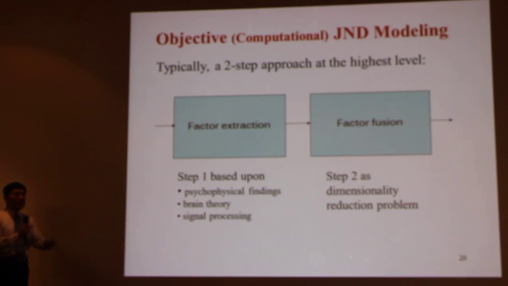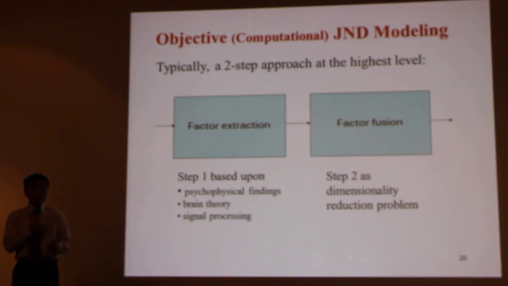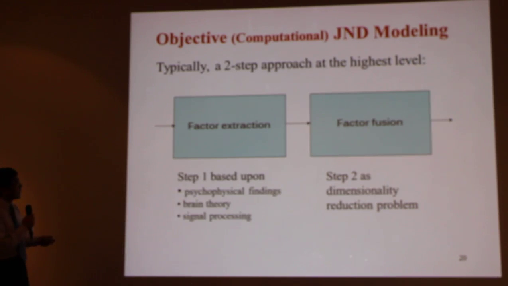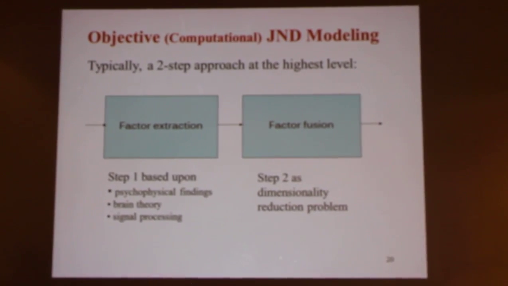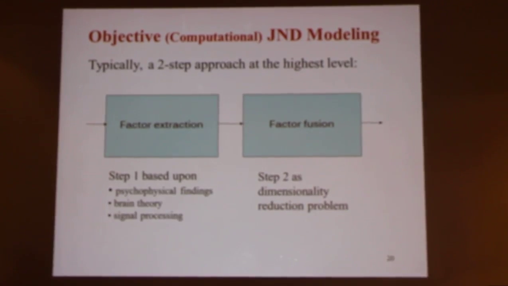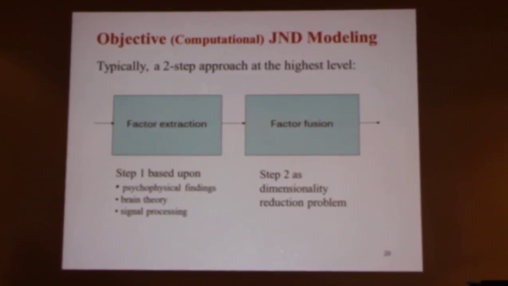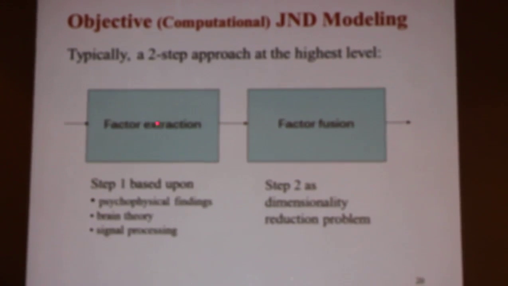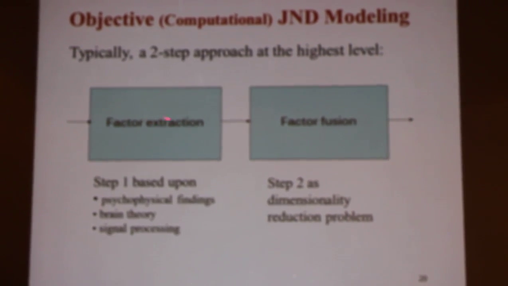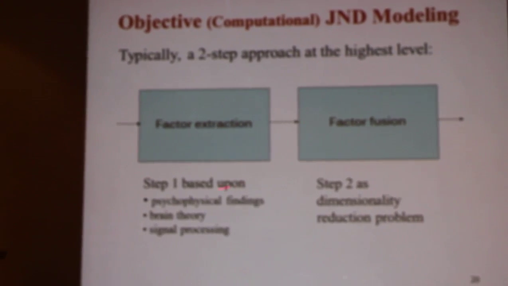Okay. Then I come to the more computer and engineering part. Typically, a computational model of JND, like many other engineering models in computer science, is a two-step process. One is the vector or feature extraction.